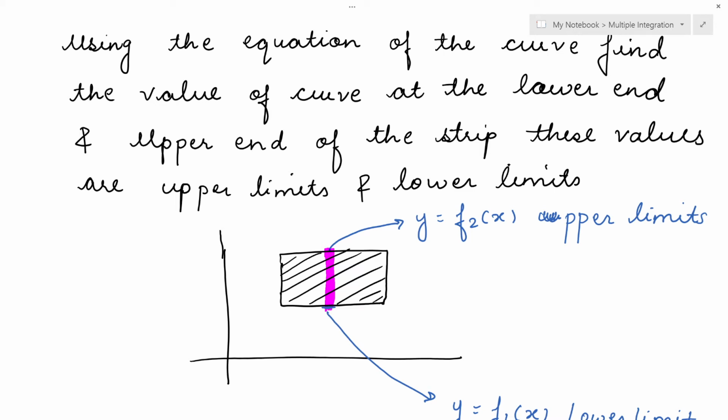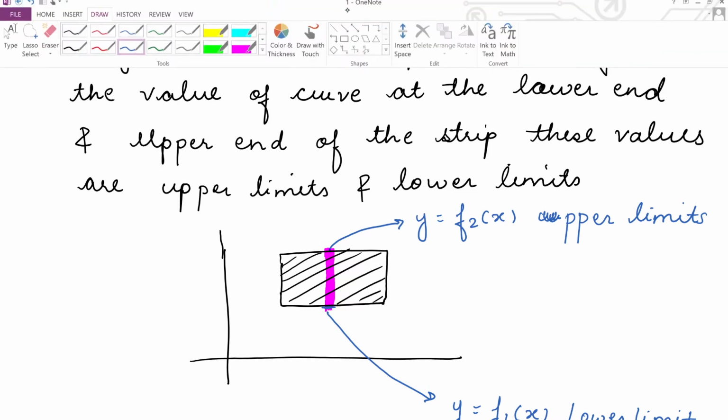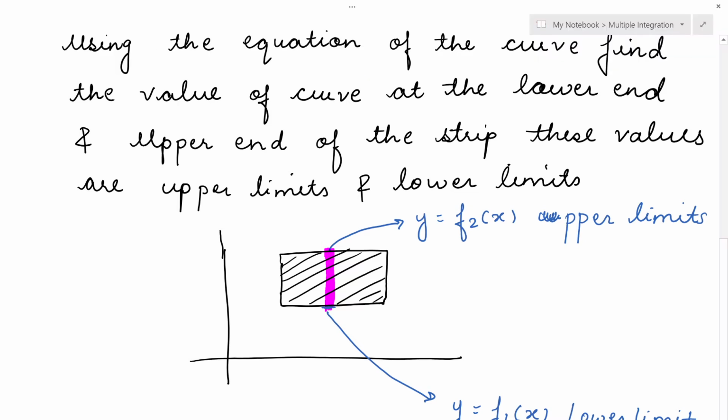Now we will see the outer limits. For outer limits, usually you will find the value of x over here. Suppose here it is a and here it is b. So usually what happens, the rule is the strip will travel from left to right, in this direction.